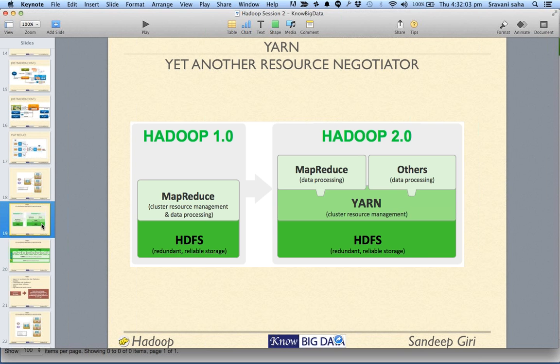And therefore, MapReduce was broken down into two proper portions. One, the basic version, which behaves like an operating system, is called YARN. YARN's duty is: give me any logic, I will get it executed on multiple machines. Whether it's MapReduce or any other logic, I will get it executed on multiple machines. That is the job of YARN, right? And on top of YARN, multiple kinds of systems exist.